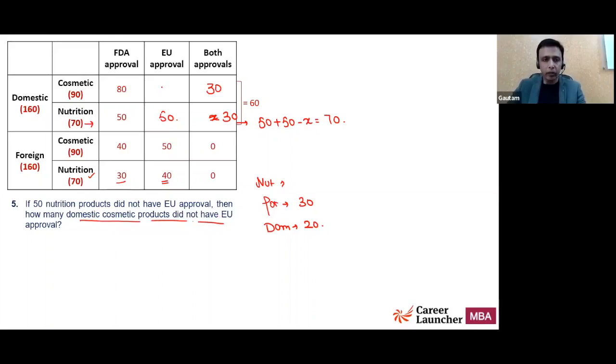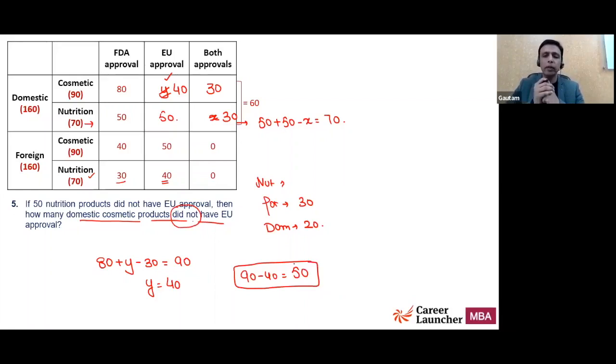So looking at this, assuming this to be Y, 80 plus Y minus 30 should be equals to 90. So this Y would be 40. So there will be 40 domestic cosmetic products that had EU approval. Because they were asking for the domestic cosmetic products that did not have EU approval, would be 90 minus 40, should have gone by the option of 50. A TITA-based question should have definitely typed 50.